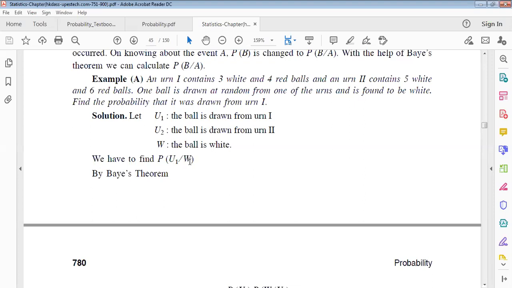That means there is a condition applied here: if the ball is white, then what is the probability that it was drawn from urn 1? That means the probability of U1 when it is white. Understand this? We have to find out this.